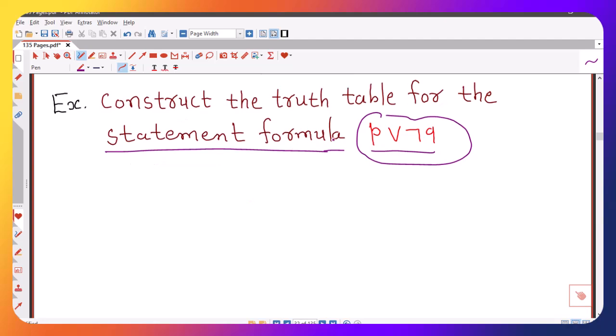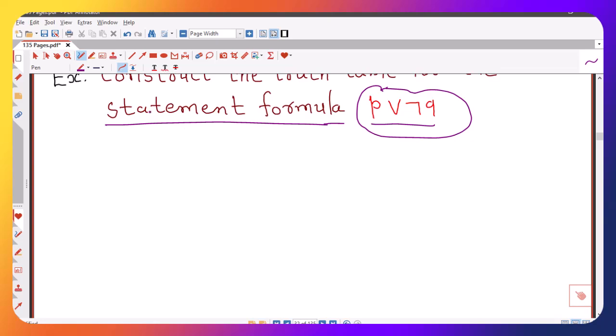Now whenever we are constructing the truth table, first we have to determine the number of propositions in the given statement formula. So we can see here we have two propositions P and Q, and we have to construct the truth table for P or negation of Q.